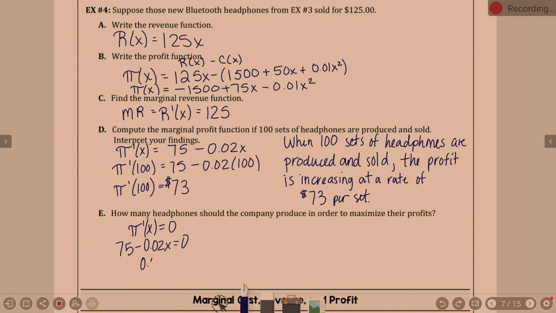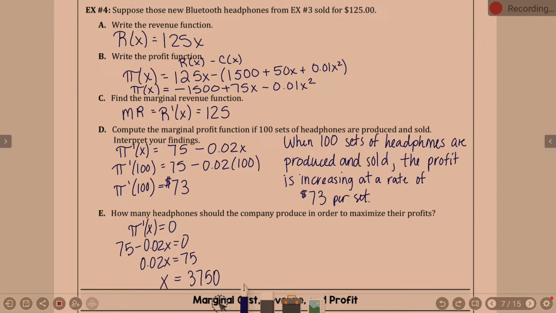So I'm going to have 200x equals 75. And 75 divided by 200 is something. So 3,750.